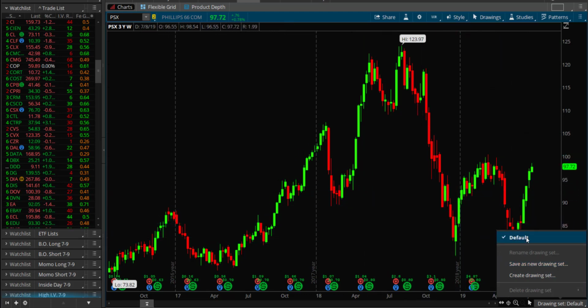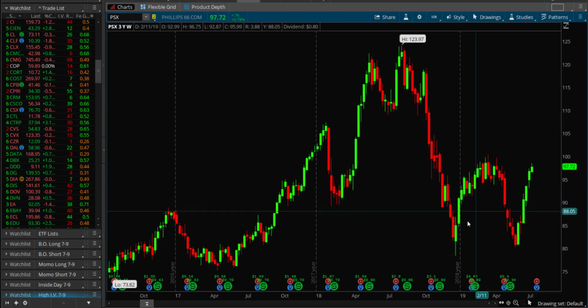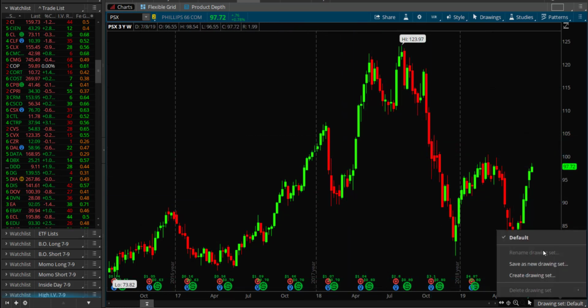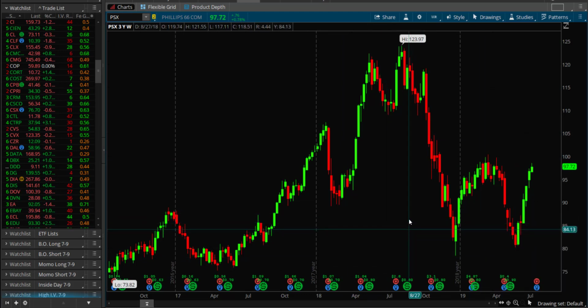You can take them off of the default and have them saved on their own layer so that when you're normally flipping through the chart, you won't see these lines and drawings all over the place, but they would be there just by swapping over to the layer that you have them saved on.